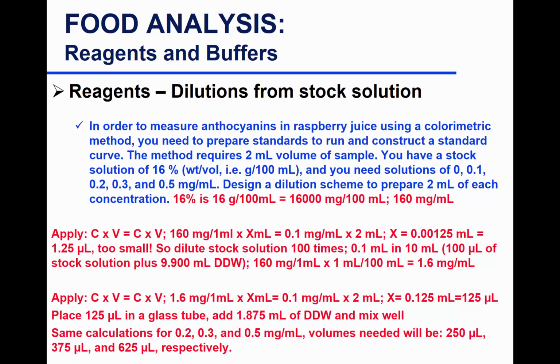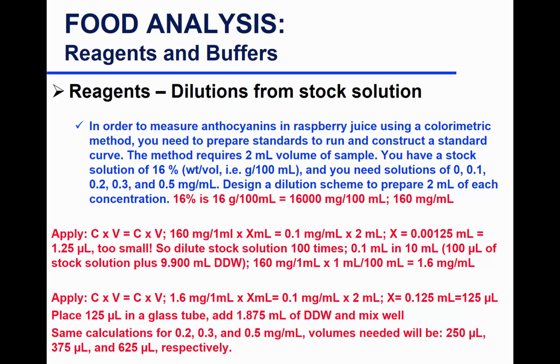Here it should be 2 zeros after the decimal. I had only 1 zero. So 0.2 ml divided by 160 milligrams is in fact 0.00125 milliliter, which translates to 1.25 microliters. A very, very small volume, actually even worse than 12.5 microliters that I had originally.